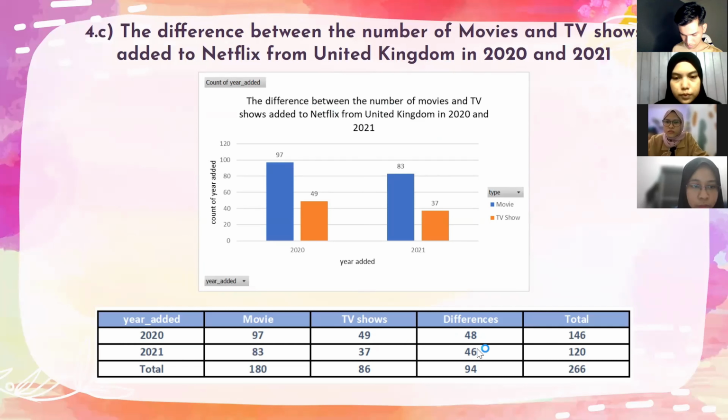Next, the difference between the number of movies added in 2020 and 2021 is 14, while the difference between the number of TV shows added in 2020 and 2021 is 12. Lastly, the total number of movies and TV shows added in 2020 is 146, while 2021 is 126, and the difference is 26. This data is represented as the bar chart above.